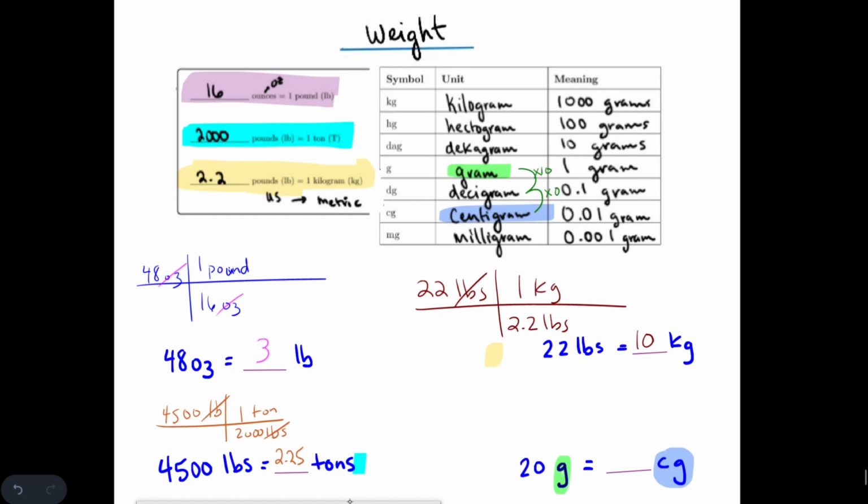So as I've gone down the chart twice, this takes 20, multiplies it by 10 for the first move down the list, multiplies it by another 10 for the second move down the list. So that'll get me 20 times 100, or 2,000 centigrams. So for the metric system, remember when you go down the list, you multiply by 10. And if instead you went up the list, you would divide by 10.